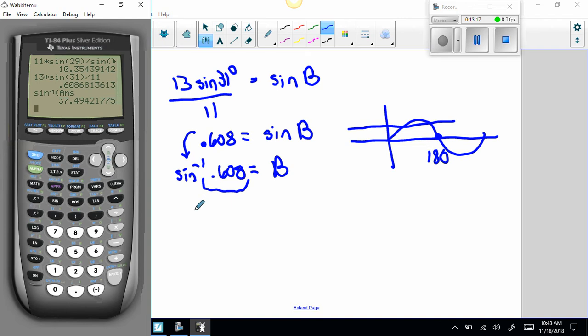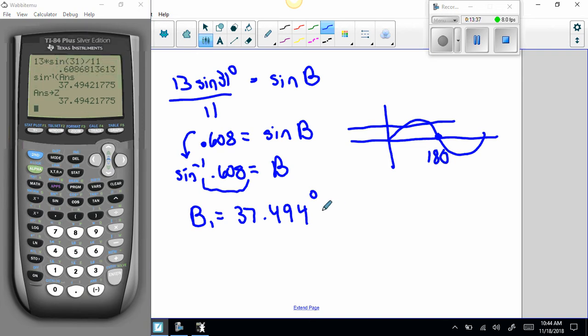I get B1 to be 37.494 degrees. Now watch this. Store alpha Z. So let's call this guy Z. Now sine is positive in the first and the second.